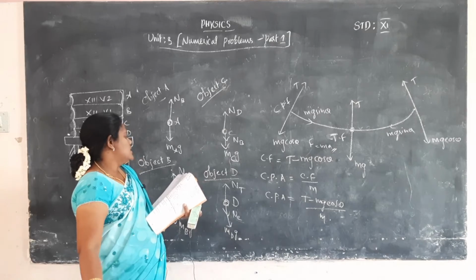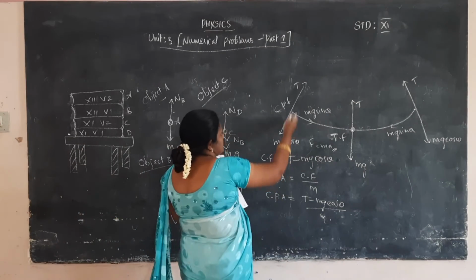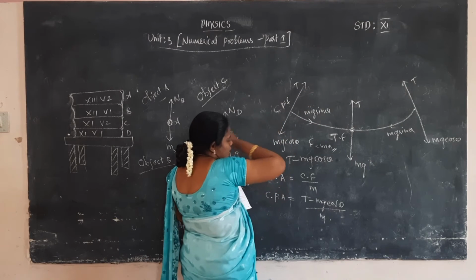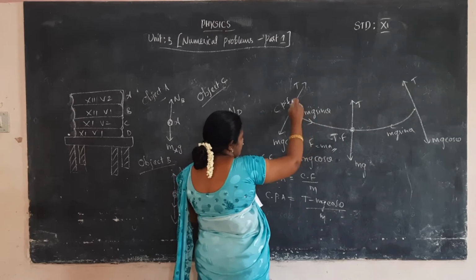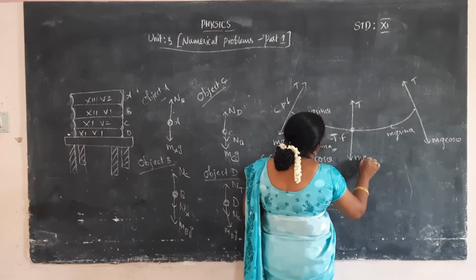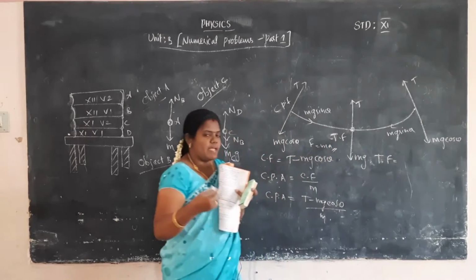Second is tangential acceleration. This is centripetal, this is tangential. The full centripetal force acts along the radius, and along the line of motion it is mg sin theta. Tangential means the force acting in a straight line.